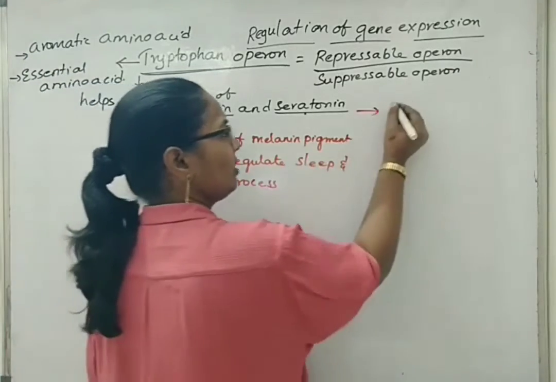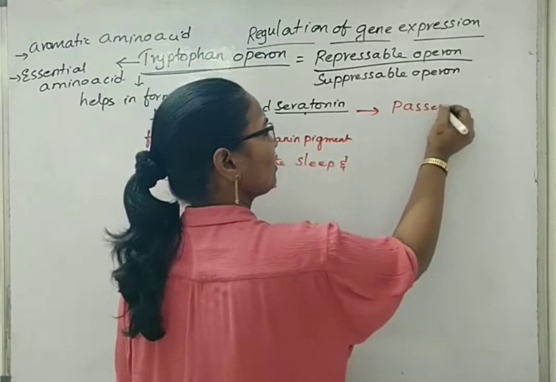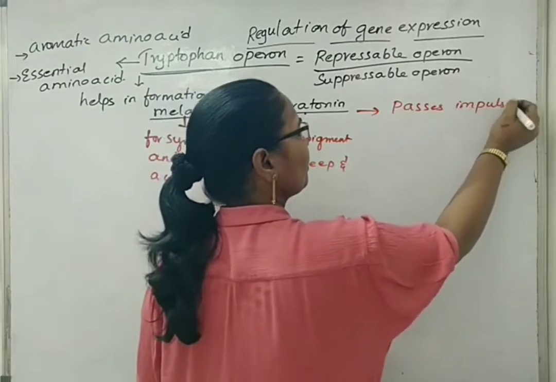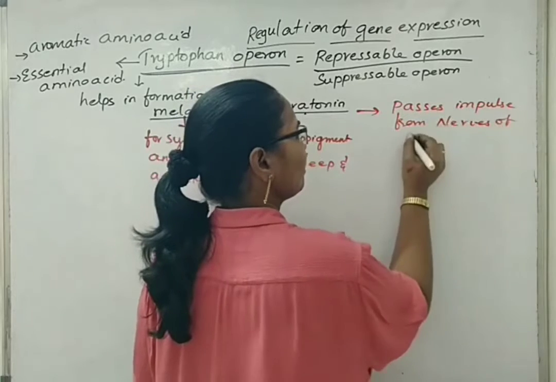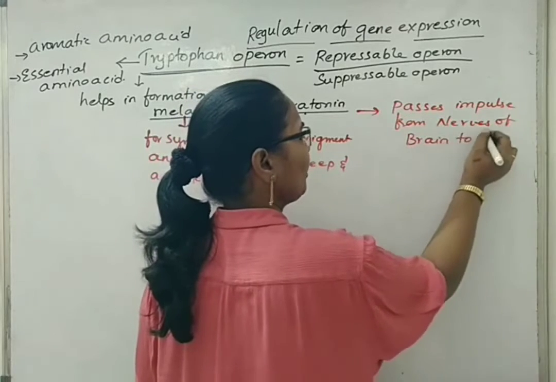Coming to serotonin, it passes impulse from nerves of the brain to body parts.